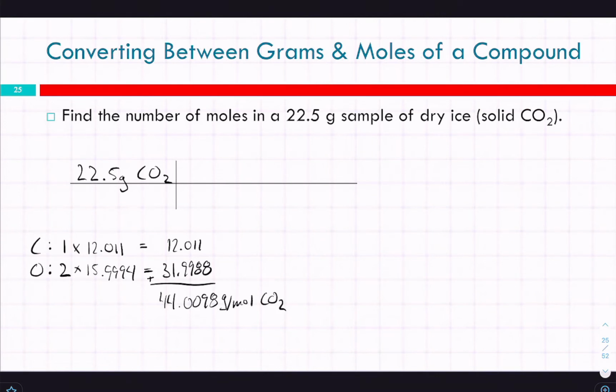So you put that at the bottom and 1 mole at the top. This will be 44.0098 grams of CO2 is 1 mole of CO2.